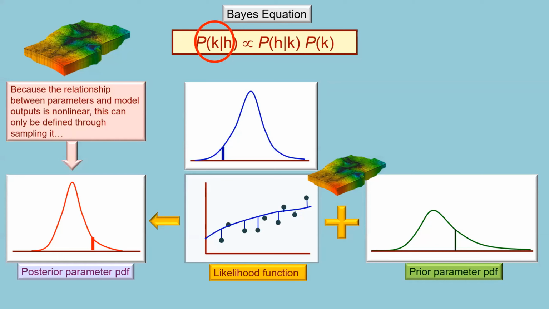That's our job, to come up with a lot of realizations of the posterior parameter probability distribution, and thereby define it through having sampled it enough. And all the while living in high dimensional parameter spaces.